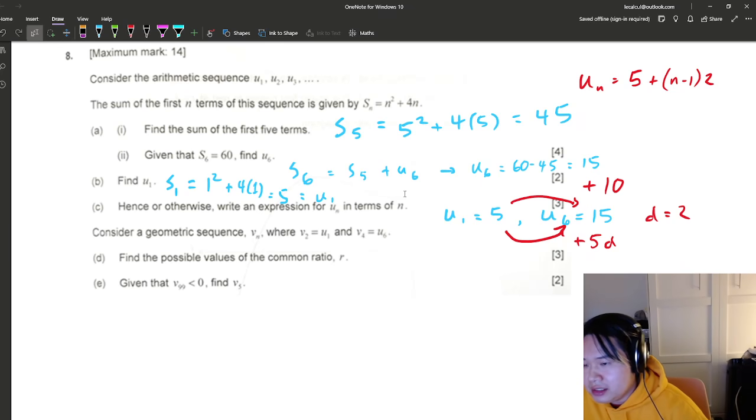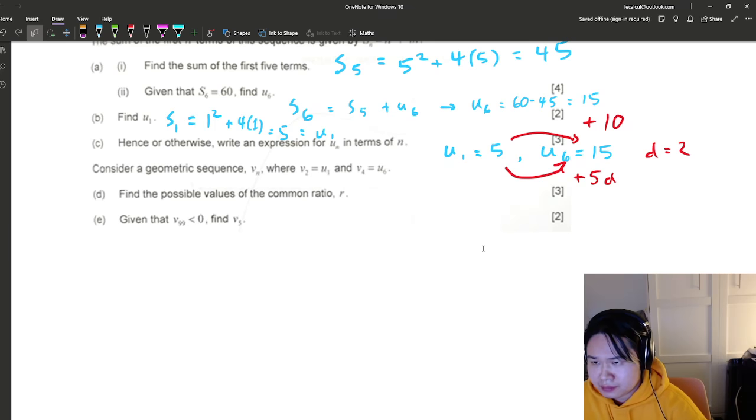And then let's see, we have a geometric sequence, V2 is U1, V4 is U6. Okay, and then find the possible values of r. So we have V1, V2, which is the same as U1, which is 5.